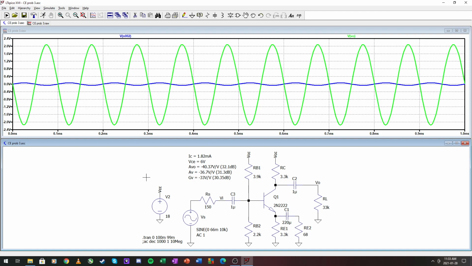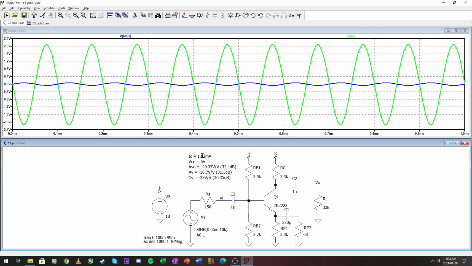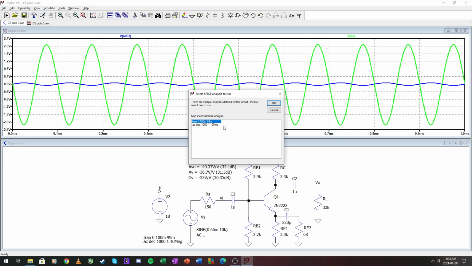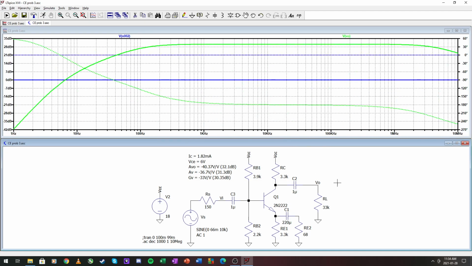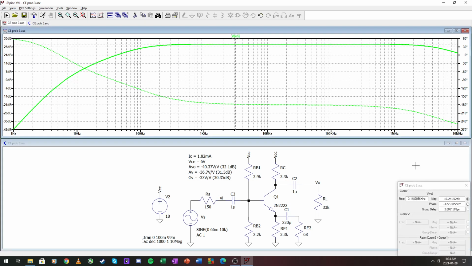Okay, so let's go over to the AC and see if we meet our design specs for maximum voltage transfer. Right, so our loaded gain is 30.35 decibels, simulation 30.24.